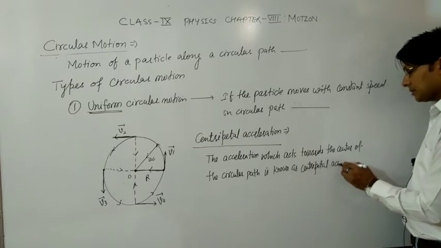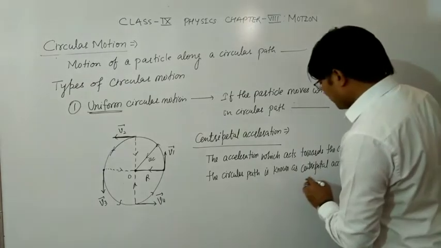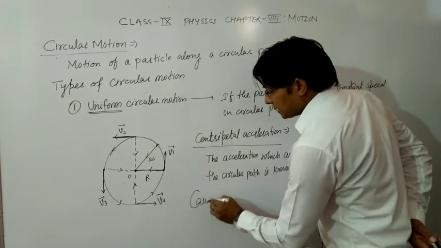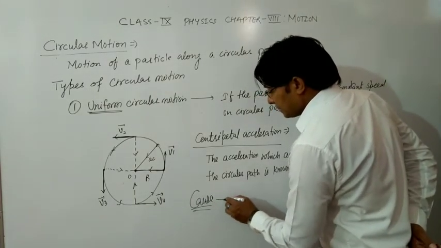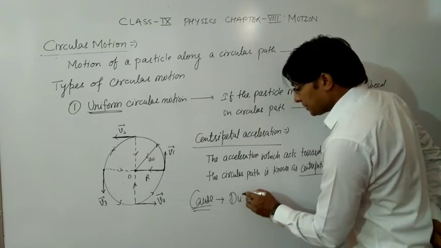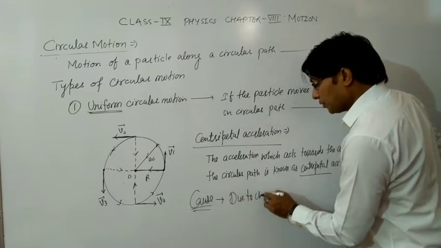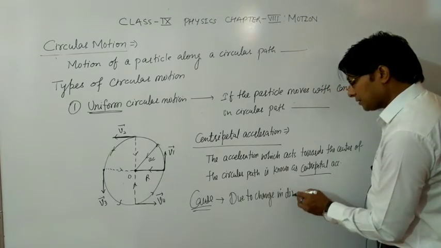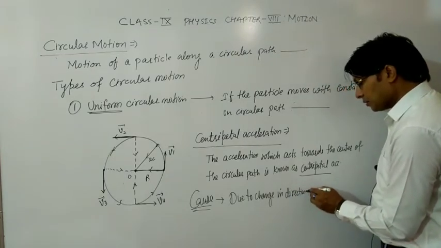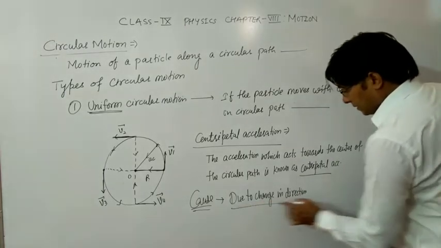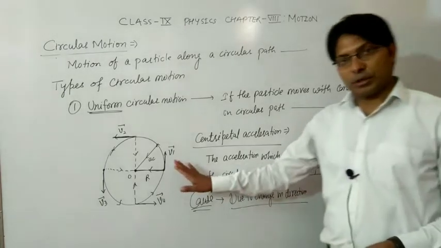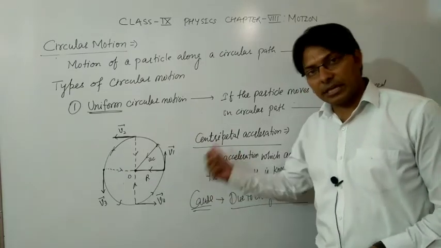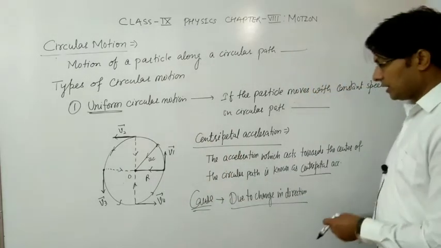Okay, what is the cause of this centripetal acceleration? The cause is due to change in direction of the particle, because the speed is constant but the direction is changing. So this is the acceleration which arises due to change in direction.